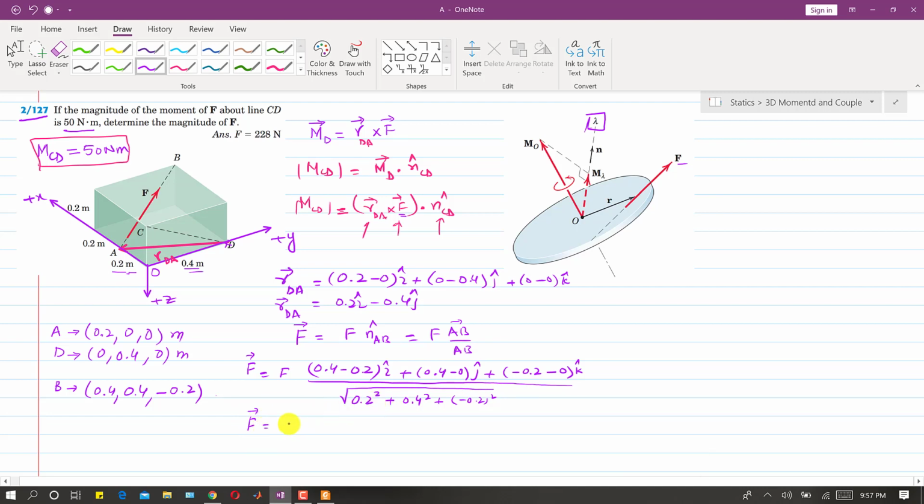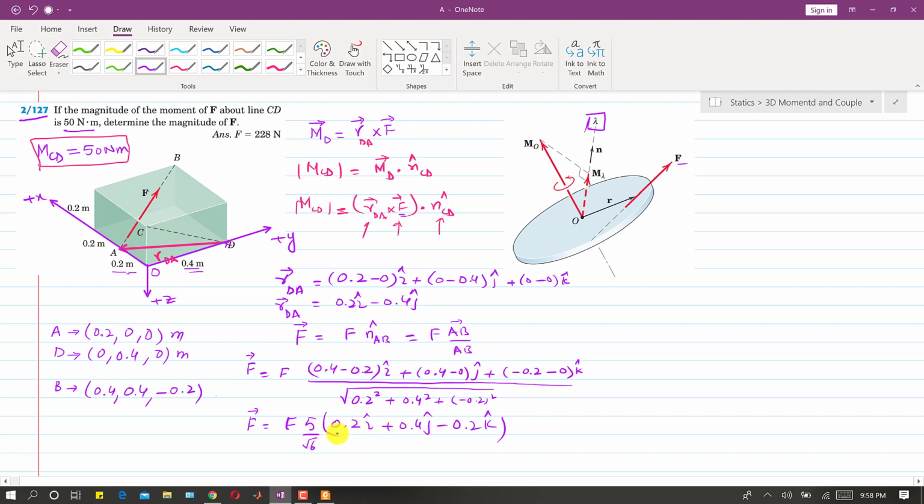If I write this force vector, it will be 0.2 i plus 0.4 j minus 0.2 k, and this magnitude comes out to be under the root 6 divided by 5. So it will be 5 divided by under the root 6 multiplied by this. So F times 5 divided by under the root 6 will be multiplied by this.